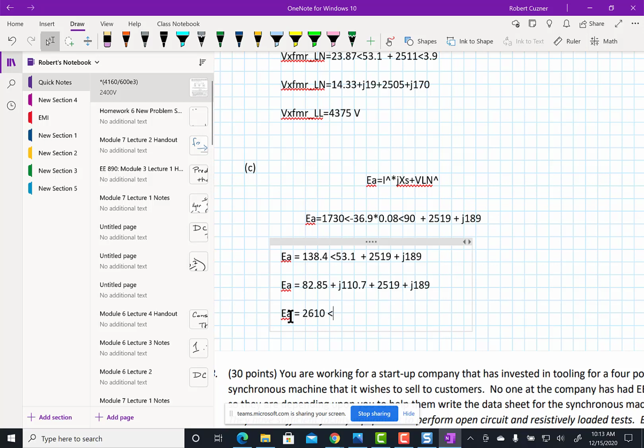So I probably did everything right. Inverse tangent of the sum of 189 plus 110.7, divided by the sum of 82.85 plus 2519. And that's 6.6 degrees. And there you have it. Okay?